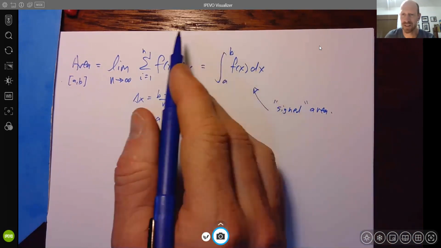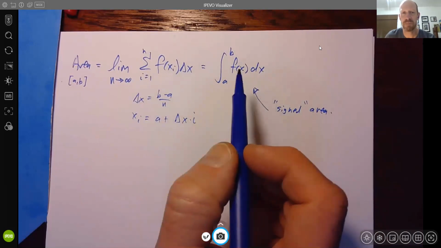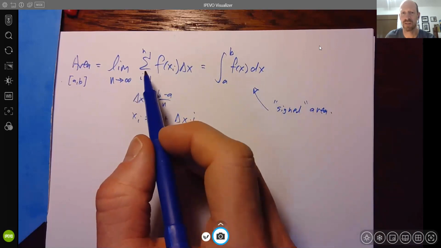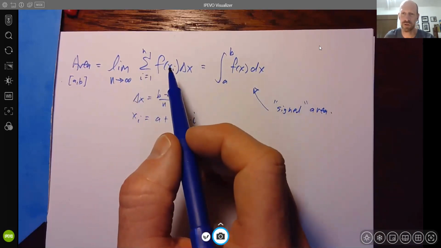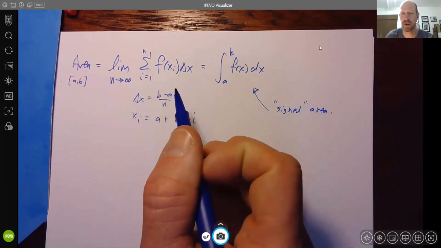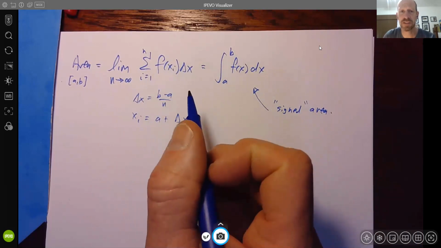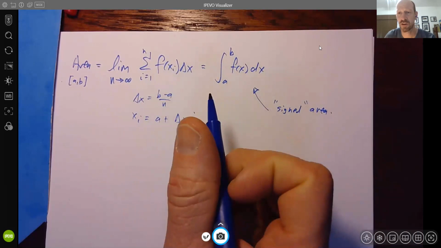This still makes sense, and we can still calculate it whether it's positive or negative. It may not give me the area under the curve that I'm thinking of if my function is positive and negative, or has some different things going on. But that doesn't stop me from calculating what that limit is, what this definite integral is.